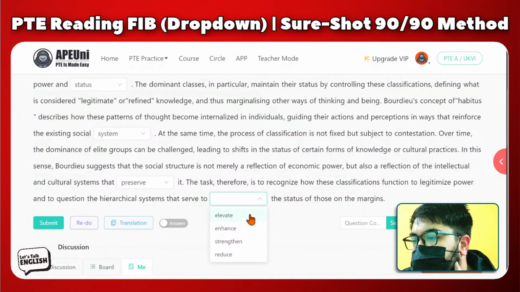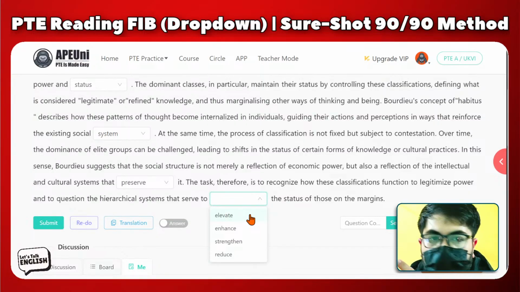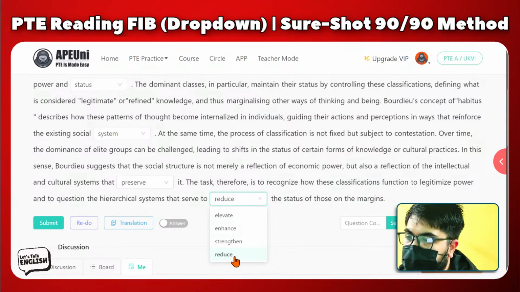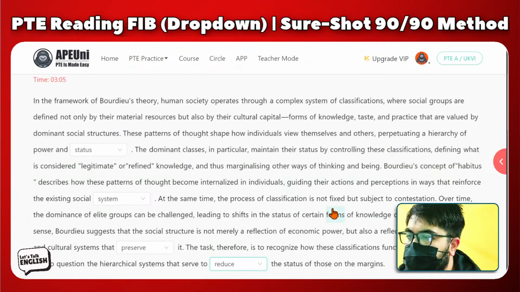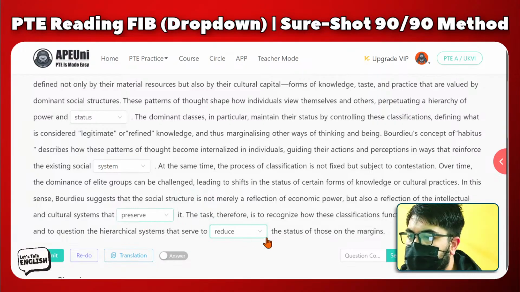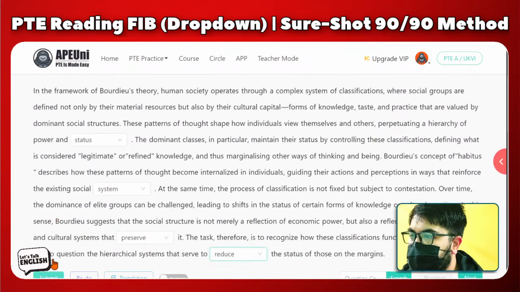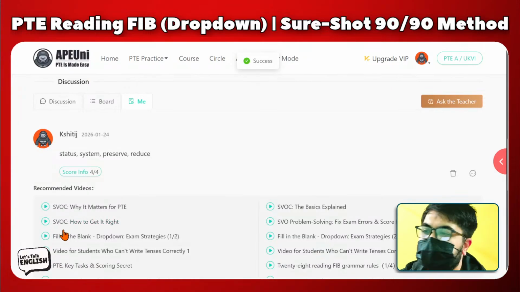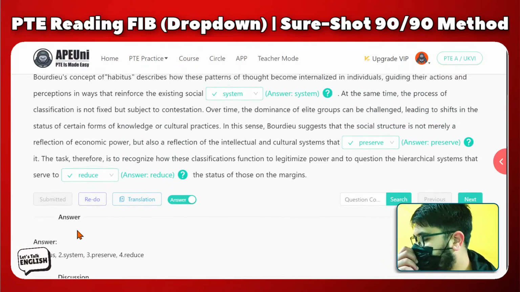If it's not elevate, it cannot be enhanced, it cannot be strengthened, because that goes opposite to the context. So therefore our answer will be reduce. Status, system, preserve, reduce. Okay, shall we submit? Yes, that's right. Okay, next question.